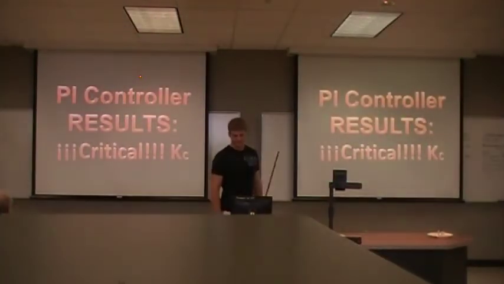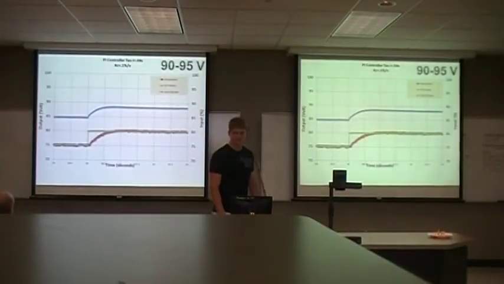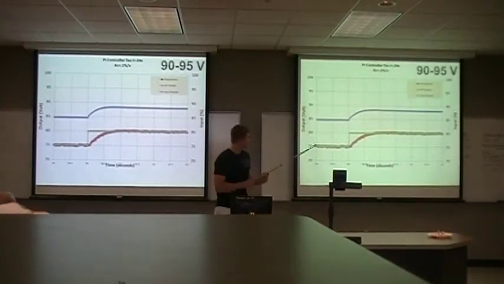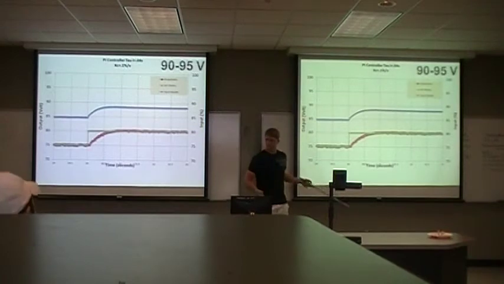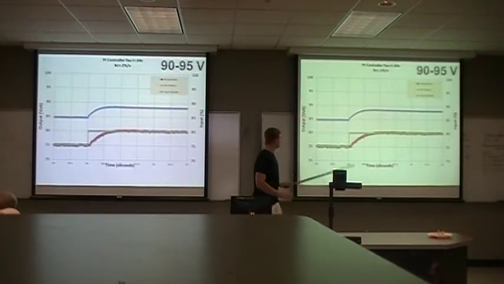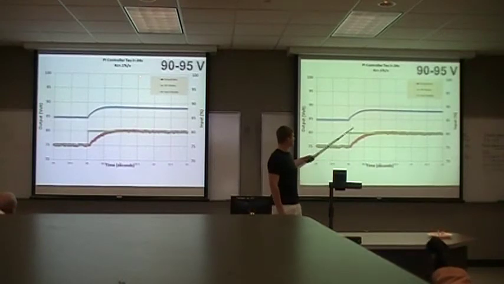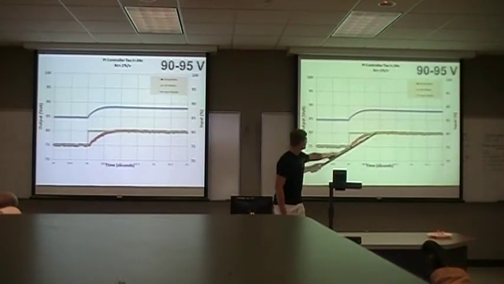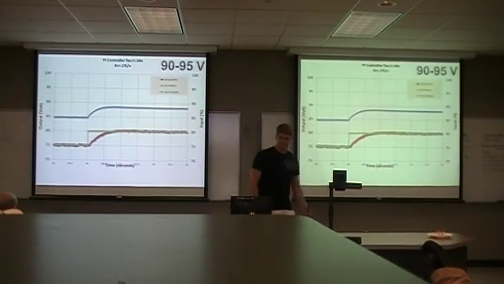Now, this is where we're going to get a little interesting. When you use the Kc for critical damping, this looks pretty critical to me. We change the set point, and it takes about 1 second to get to steady state.